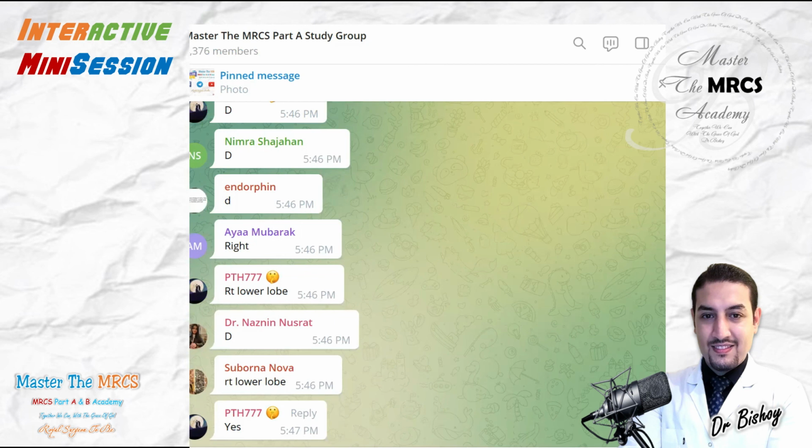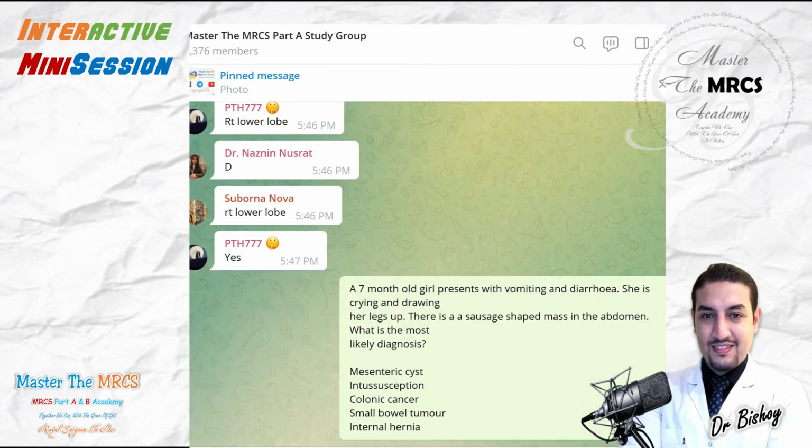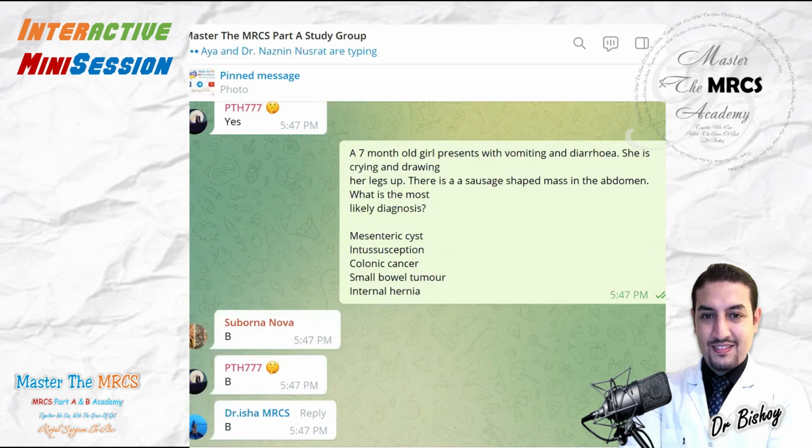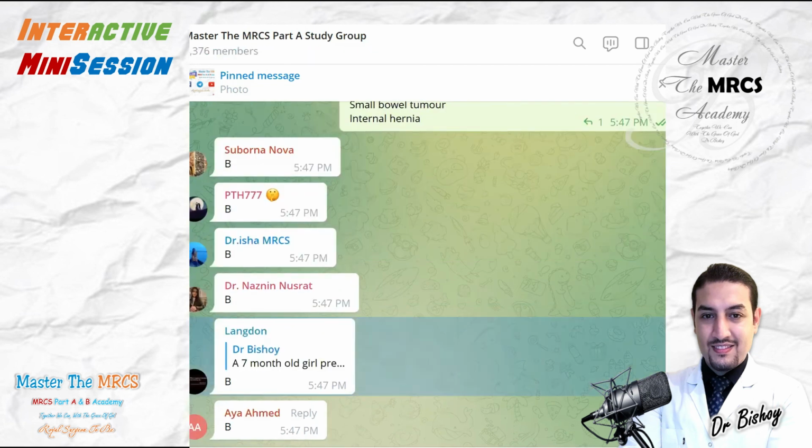So let's have another question, regarding pediatrics. A 7-year-old girl presented with vomiting and diarrhea. She is crying and drawing her legs up, with a sausage-shaped mass. Intussusception, right. It requires no further investigation; it's intussusception already.